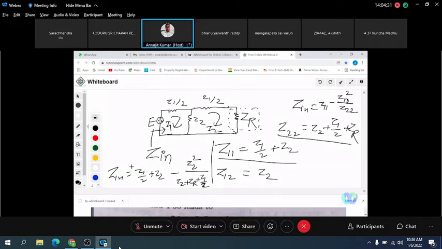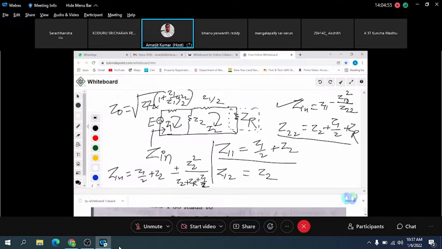So this is Zin. Now suppose ZR is equal to Z0, then Zin will also be equal to Z0. So you can do that and you will find that Z0 is equal to under root Z1 Z2 into 1 plus Z1 upon 4 Z2. You will get it using this formula also.